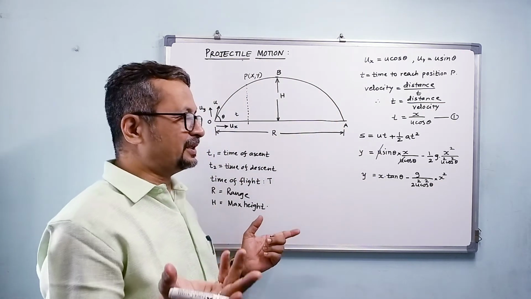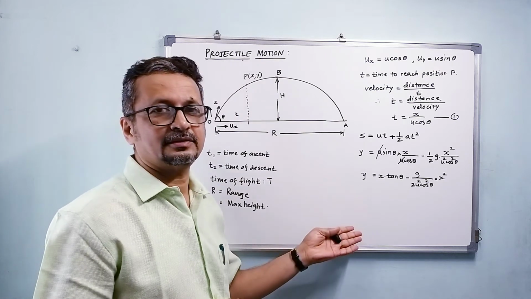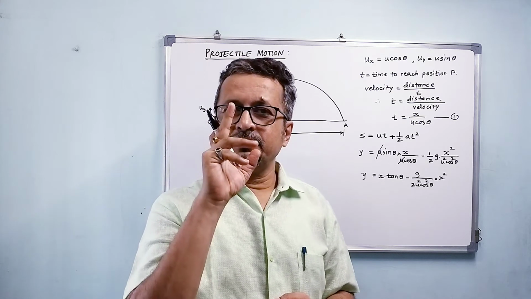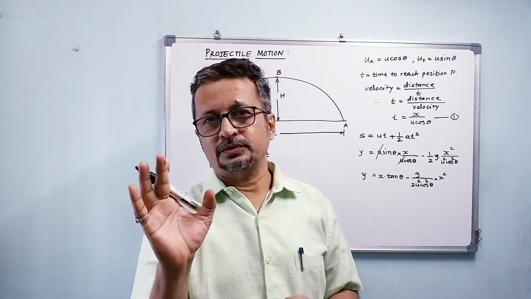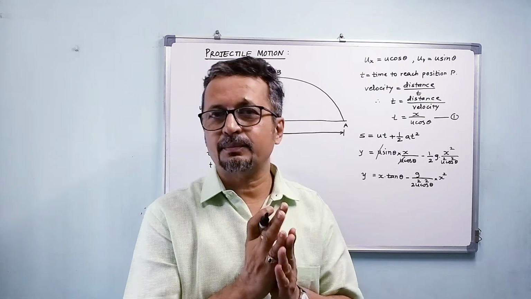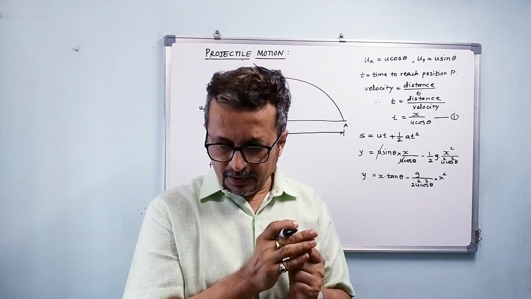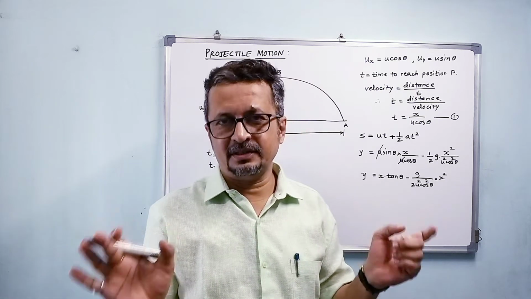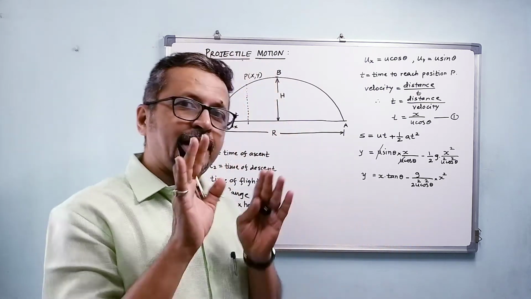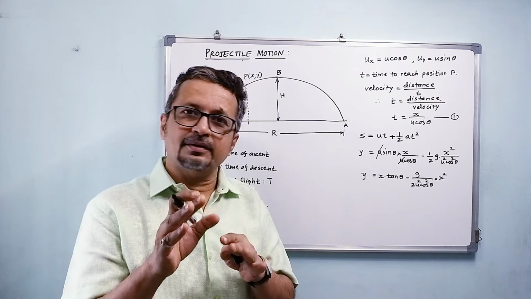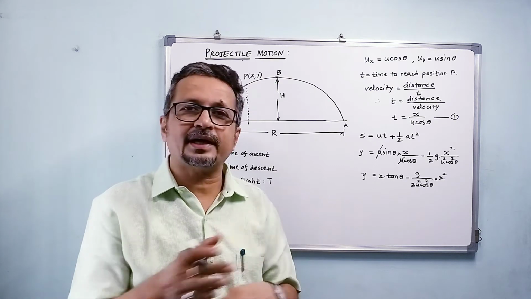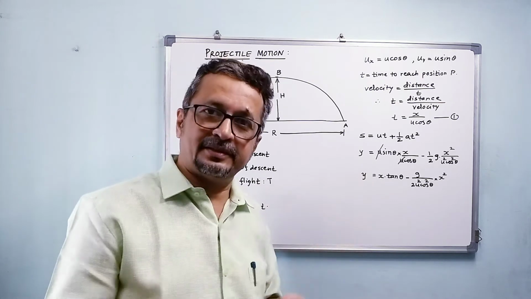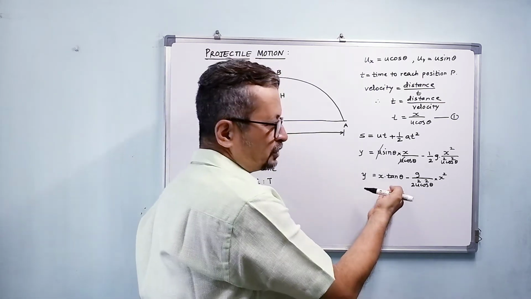Now you would ask me, why have you written it like this? Once the projectile is airborne, it is being acted upon only by g, isn't it? The angle with which it was projected, that has already happened, and no one can do anything about that. So my theta is constant, and so tan theta is also constant.